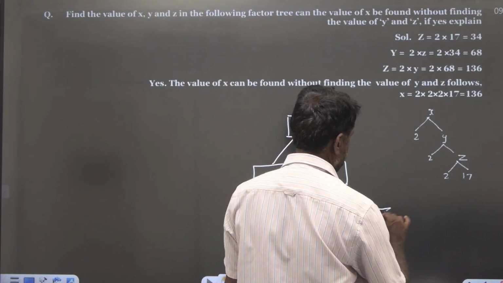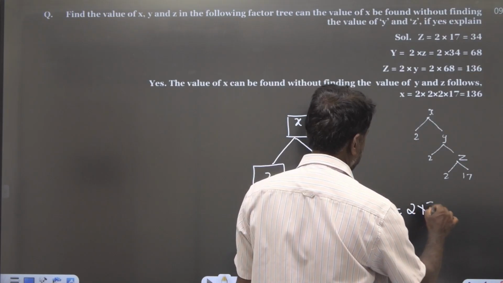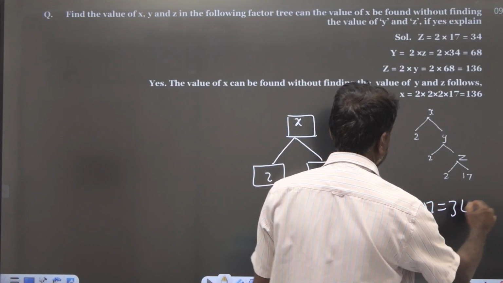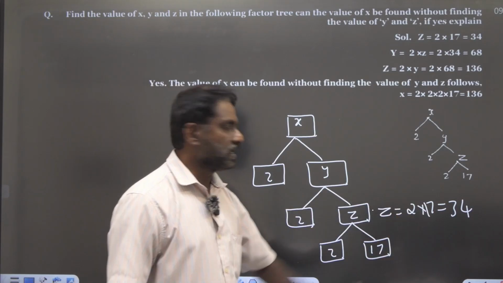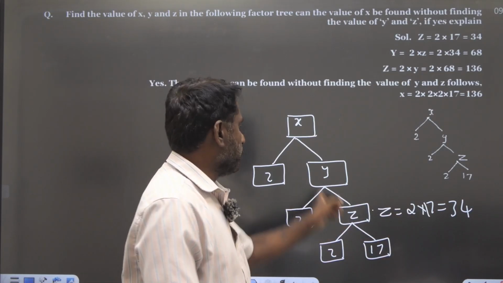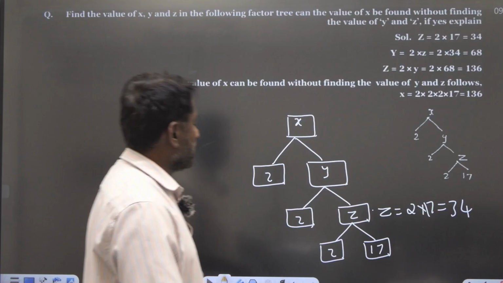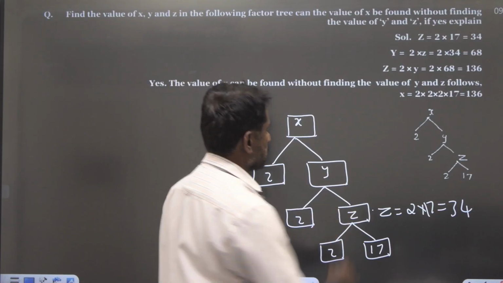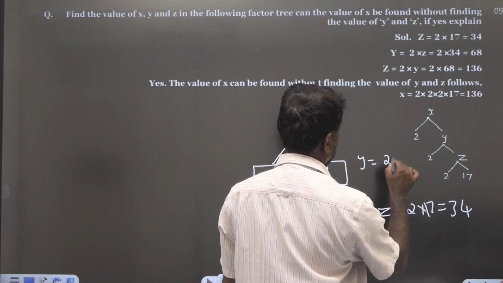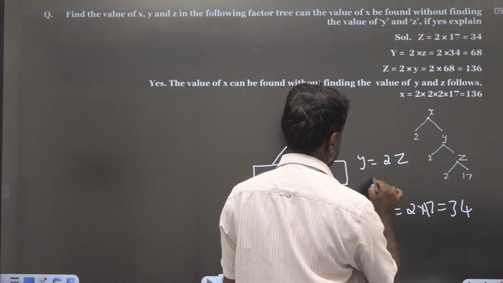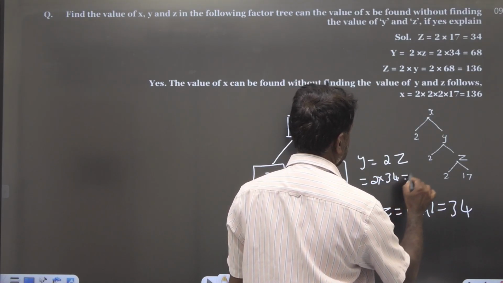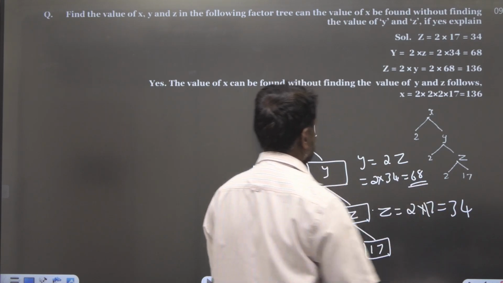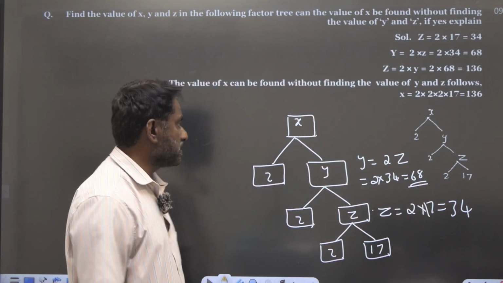So z is equal to 34. Then what is y? Y is equal to 2 into z, that is 2 into 34, which is 68.